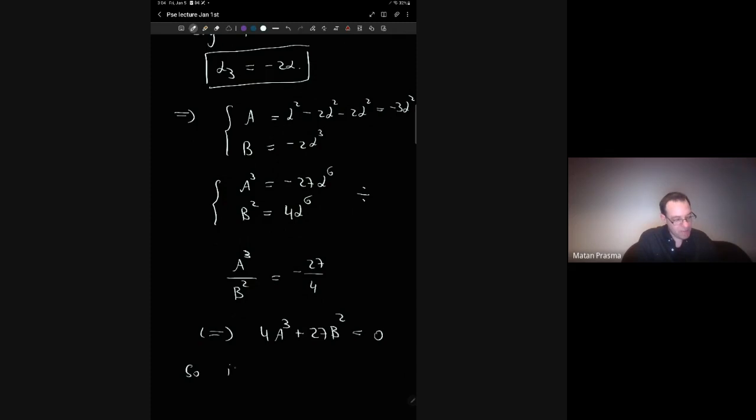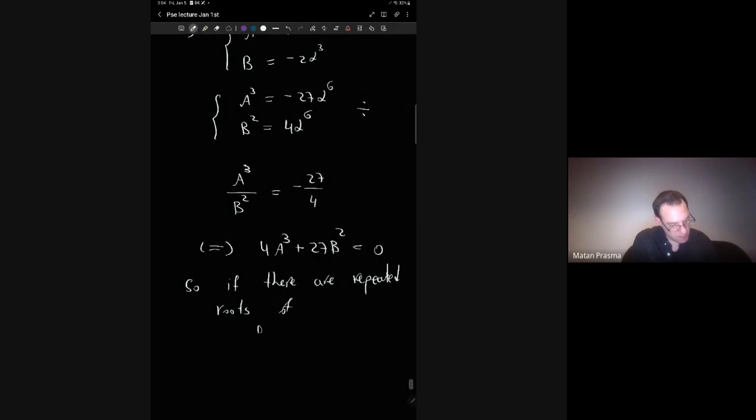So if there are repeated roots of f(x) equals x cubed plus ax plus b in k bar, then the discriminant is 0.